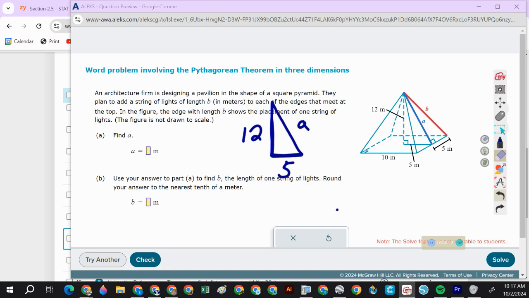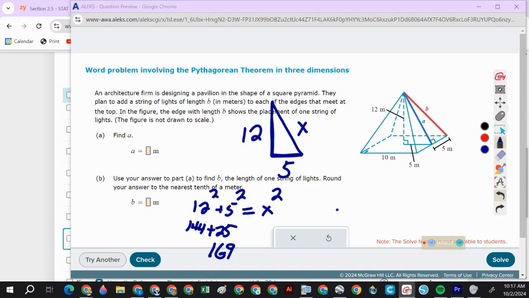So for now, I'm going to call it X. So 12 squared plus 5 squared equals X squared. That's 144 plus 25, which is 169. The square root of 169 is 13. So now, in this triangle, the distance from the top of the pyramid down the face is 13.